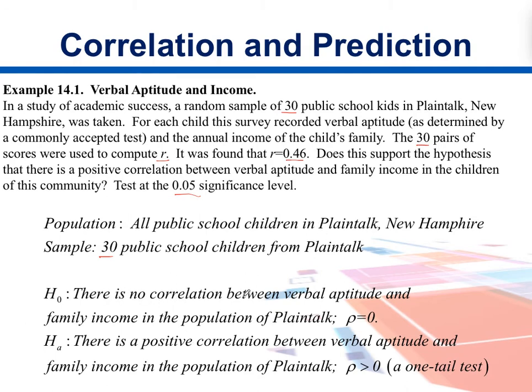H naught: there is no correlation between verbal aptitude and family income in the population, so rho is equal to 0. The alternative: there is a positive correlation between verbal aptitude and family income in the population, so we are doing it as a one-tail to the right test, and since our number is positive, we can do it as a one-tail to the right test.